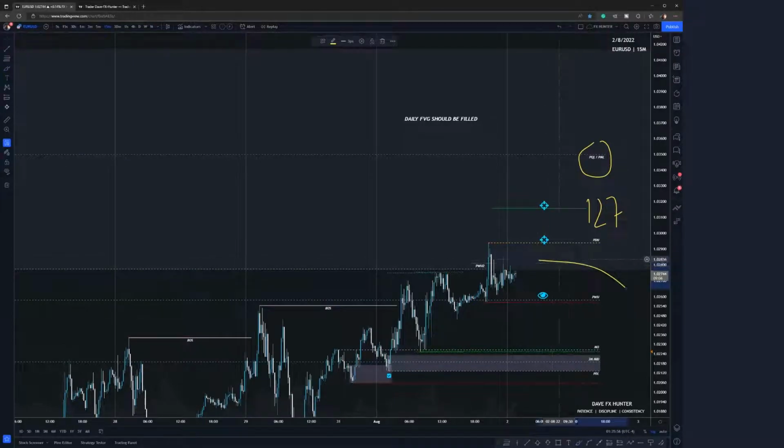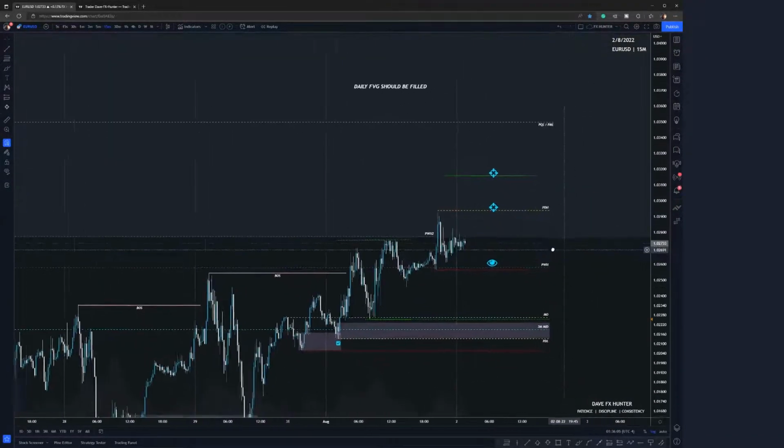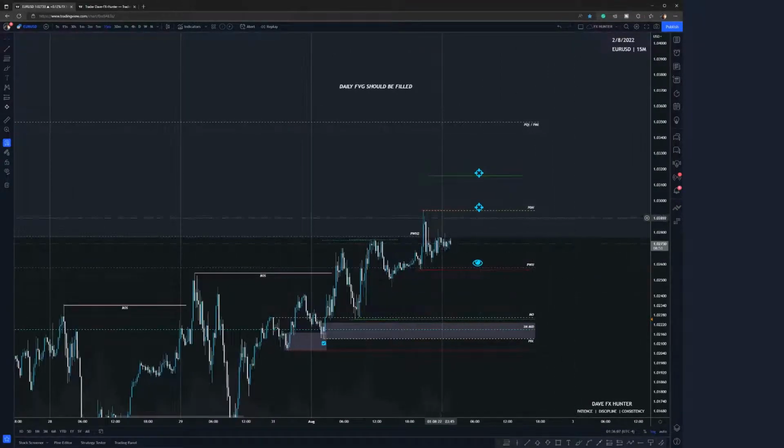So I don't want to be taking longs when I see long-term bearishness and targeting too much higher, right? So what we have to do, if we are getting into the fair value gap and we can see it's bearish, is maybe just scalp the next target and not try to hold the position too long.